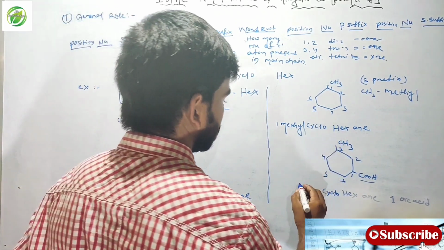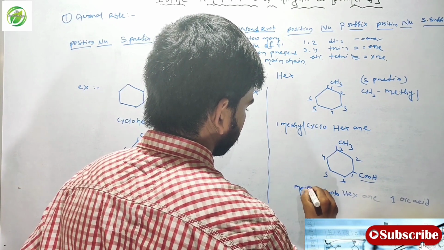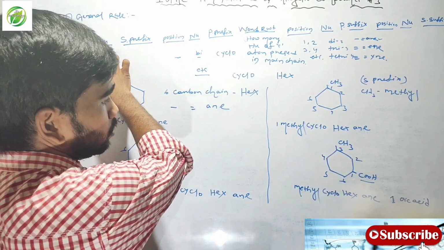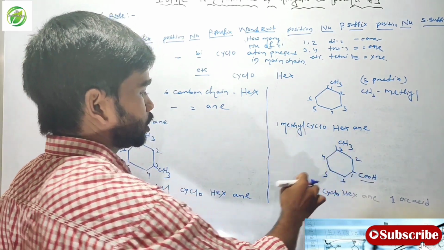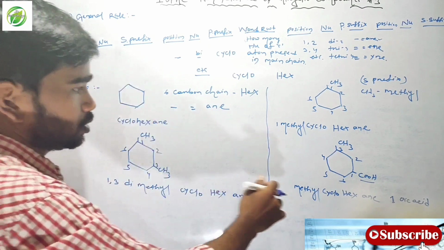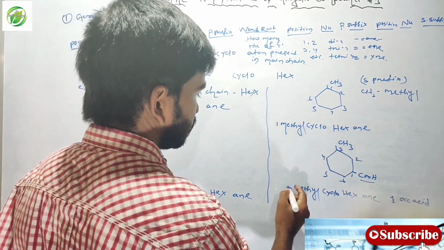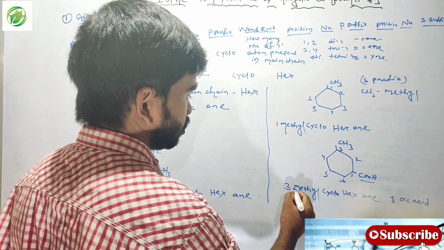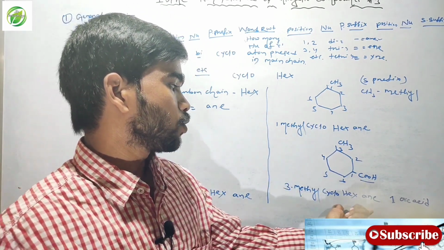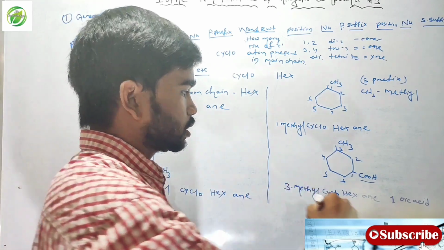For CH3 we use methyl. And then friends, one methyl is present, so we do not use mono, di, tri, etc. Then the third position, so use 3. The resultant name of this compound is 3-methyl cyclohexane 1 carboxylic acid.